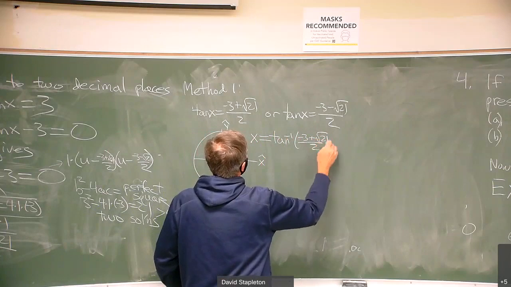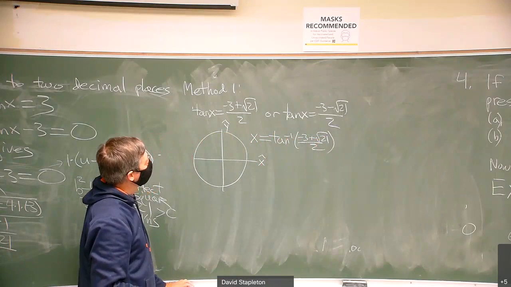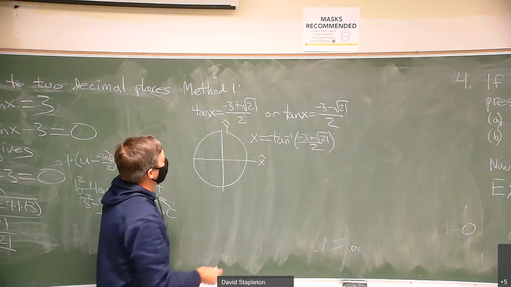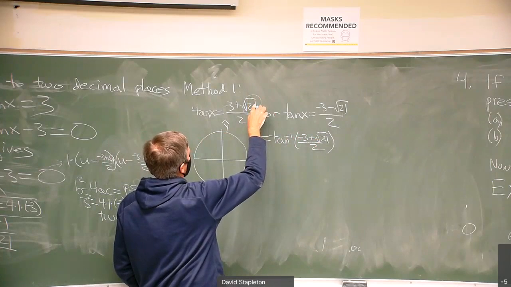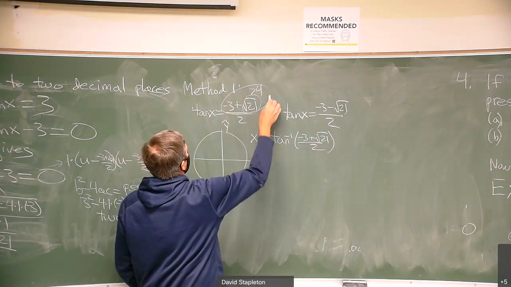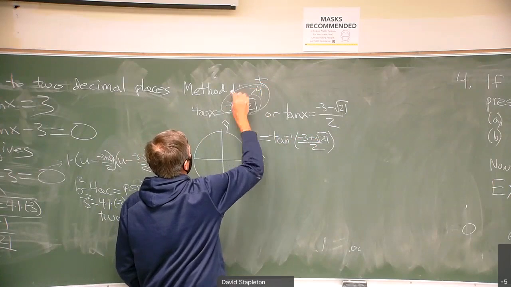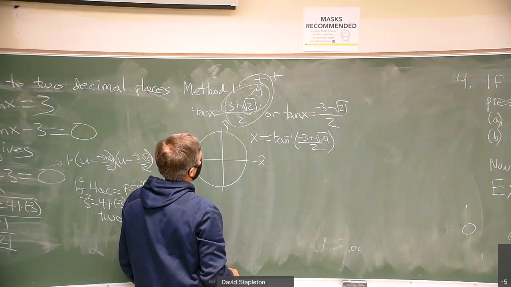That will be one solution. Where is it? Well, with a lot of finagling, square root 21 is bigger than square root 16, so this is a number bigger than 4. That makes minus 3 plus the number bigger than 4 positive, and that divided by 2 is still positive. So tangent has to be a positive number.